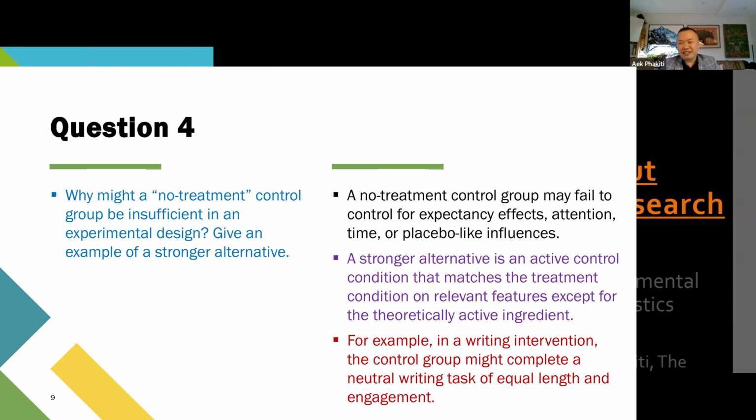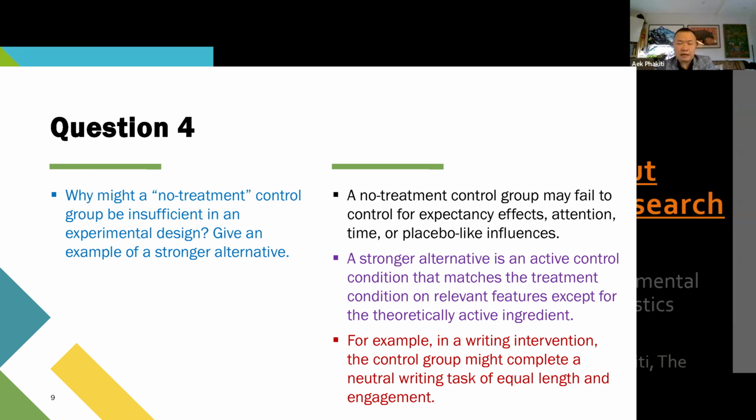Something like that can change people, and therefore it's a fake effect. So that is an issue we really have to deal with. Another alternative way of solving this is to have an active control condition that matches the treatment condition on relevant features, except the one you're really interested in.